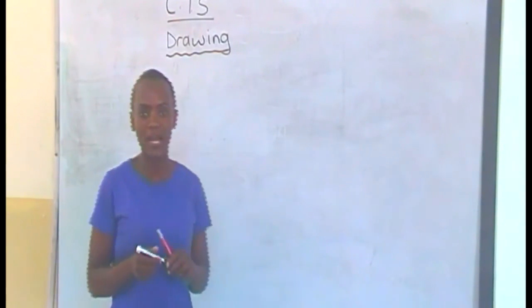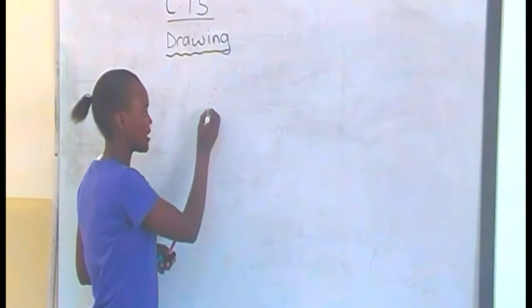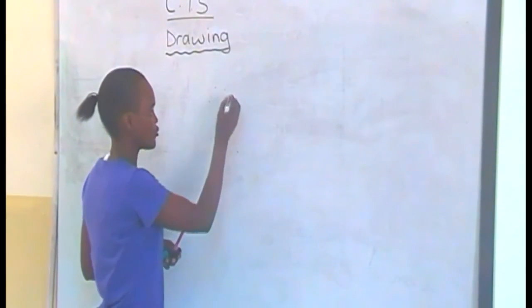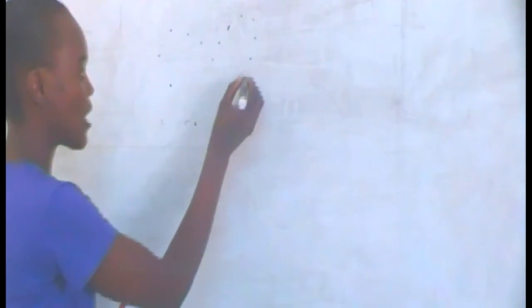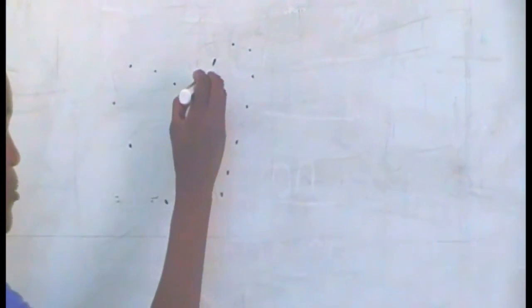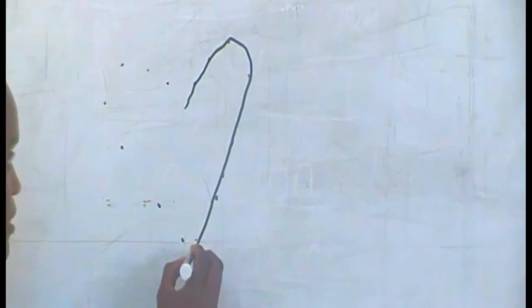You can use your marker to come up with different types of dots to give a guide to what you are drawing. When you look at something that I'm doing here, I'm trying to come up with a heart. Okay? So after that, you can quickly get your marker, or now if you have your pencil, then go into the dots and come up with that shape.